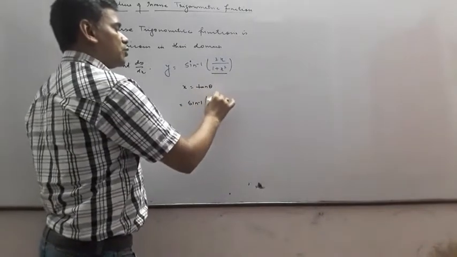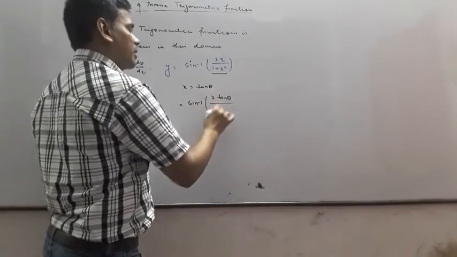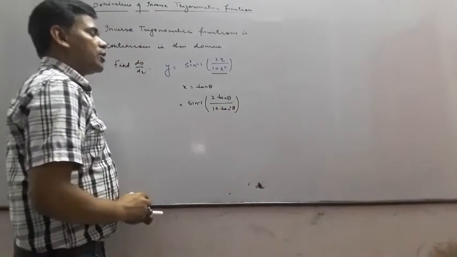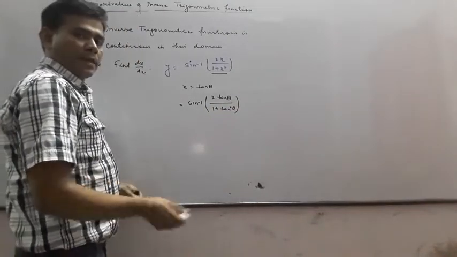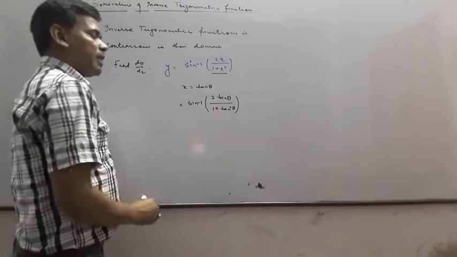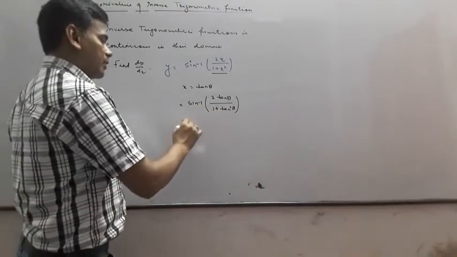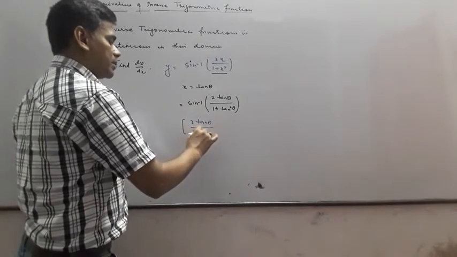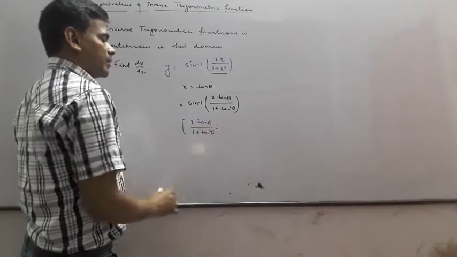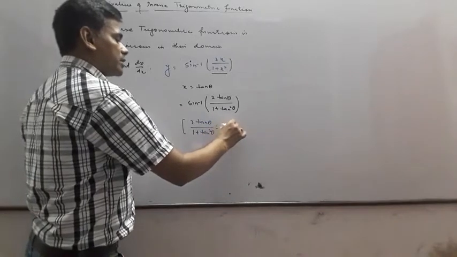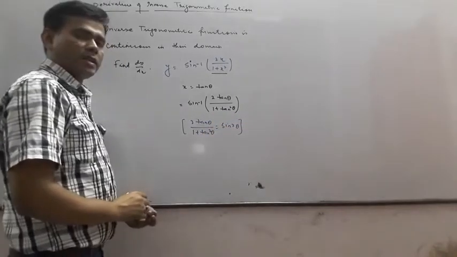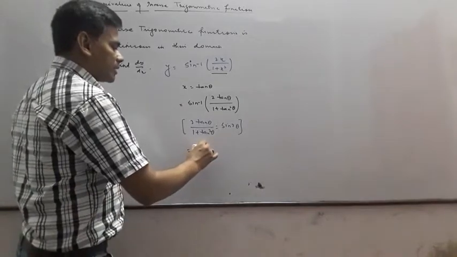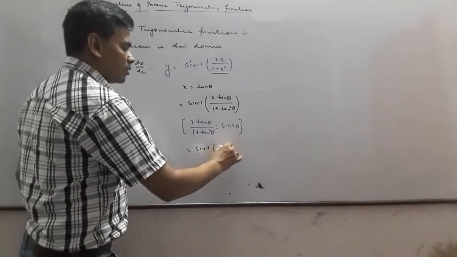substitute here the value 2 tan theta over 1 plus tan square theta. You just remember here the value of 2 tan theta by 1 plus tan square theta. Its value is what? Sine 2 theta. Already you have seen this in trigonometry. So we will have to replace it here: sine inverse sine 2 theta.